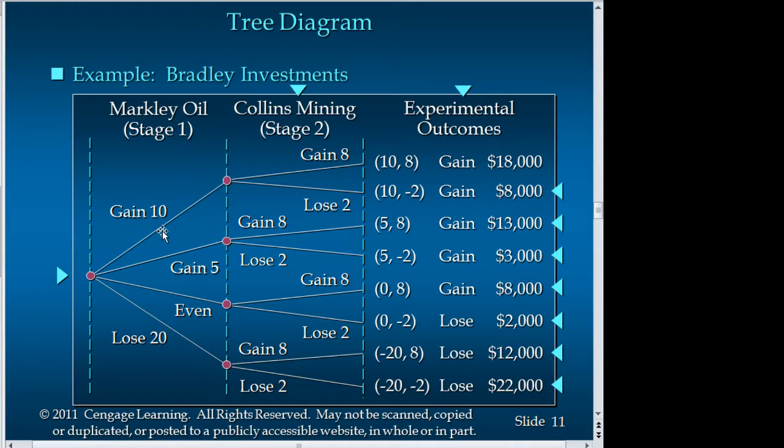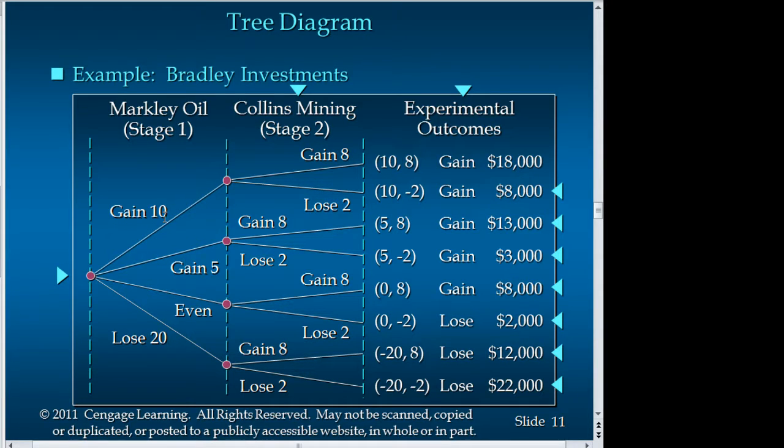Let's assume that Bradley made 10,000 on oil. Since Bradley also has 2 possible cases for mining, when Bradley made 10,000 here, on this branch, Bradley can also have these 2 possible cases: 8,000 gain or 2,000 loss.